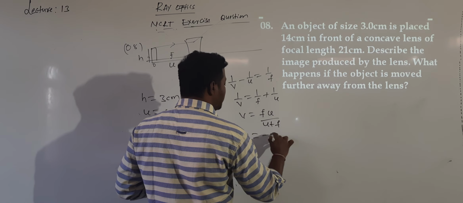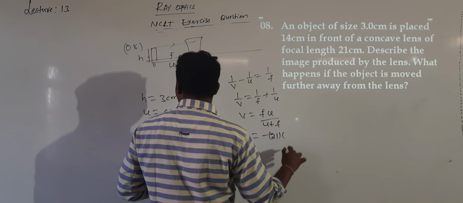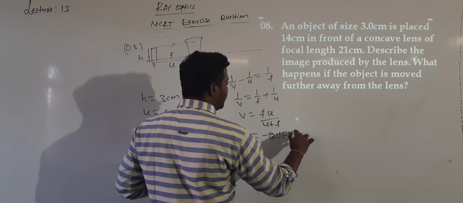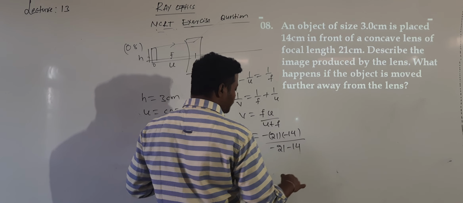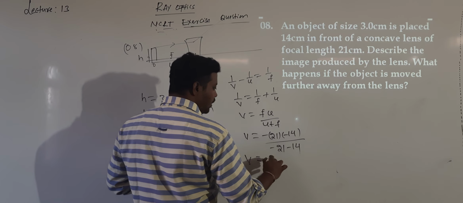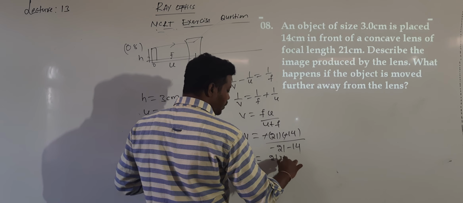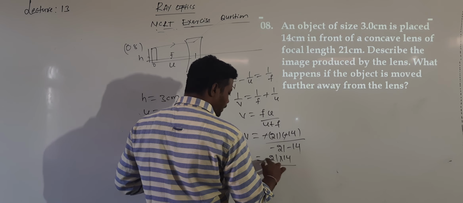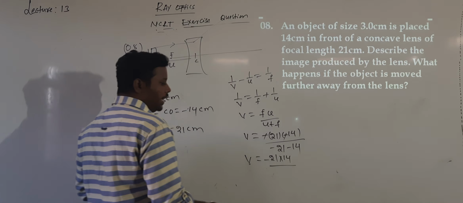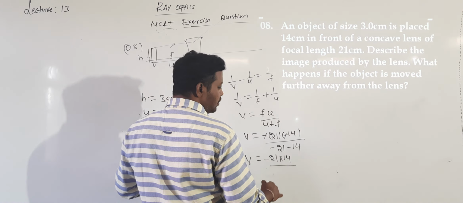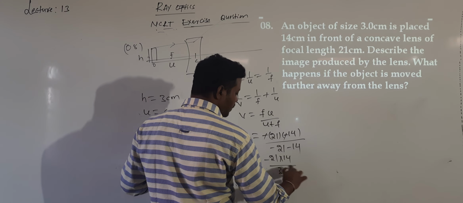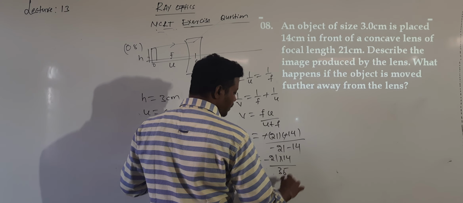F value minus 21 into U value minus 14 divided by U plus F, minus 21 minus 14. So V value will be minus into minus plus, 21 into 14 divided by minus of 21 minus 14, that is 35. 7 table, 7 5s are 35 and 7 3s are 21.